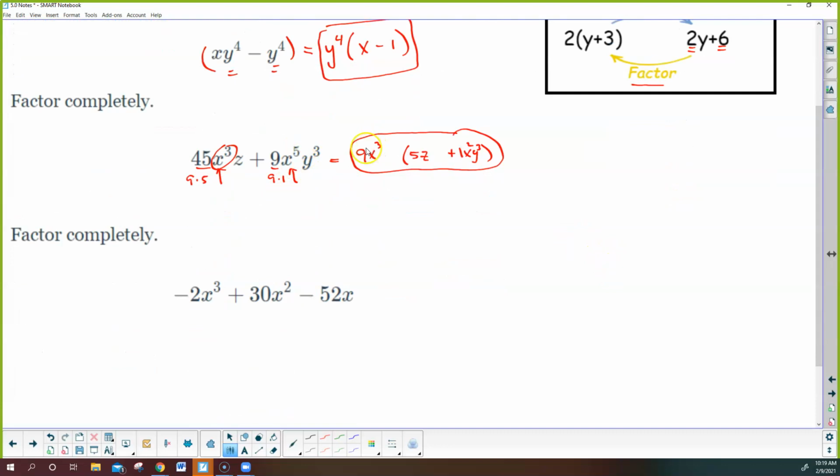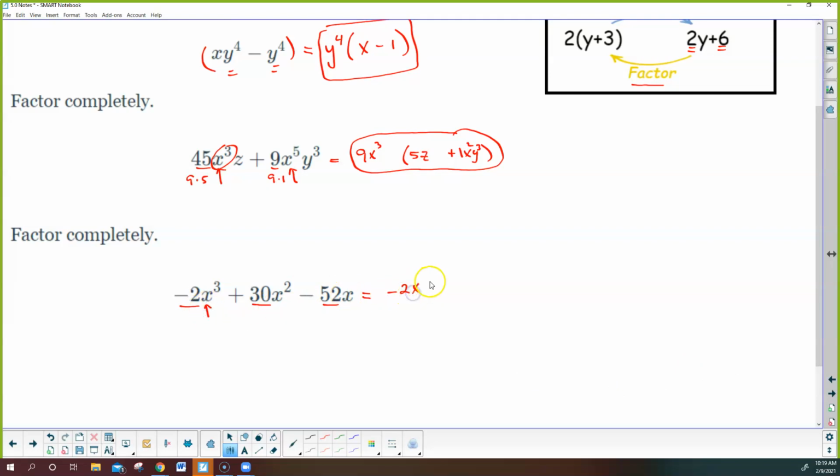And again, you can always redistribute your answer to figure out where you are. Well, what happens if I have more than 2 terms, something like this? Well, now we go back to, some people like to think of the box method, but we can make our life a little bit easier here because all of these values can be divided by -2, and they all share an x.